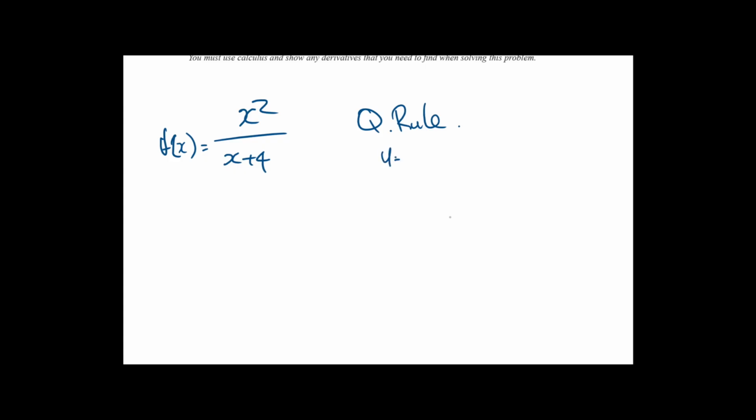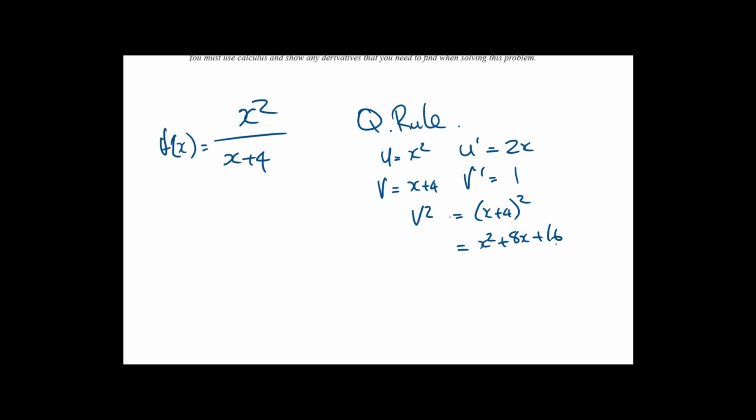So u is obviously going to be the x squared, which means that u prime is 2x. The v is going to be x plus 4, which means that v prime is just going to be 1, and v squared is going to be x plus 4 squared, and it's going to be x squared plus 8x plus 16. Okay, we've got enough now to do it.